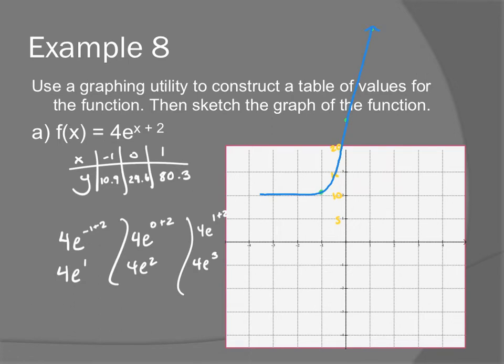Now where should my asymptote be? Is there a vertical shift on this exponential graph? What's this doing? Is that a vertical or horizontal shift? Horizontal. What's this doing?